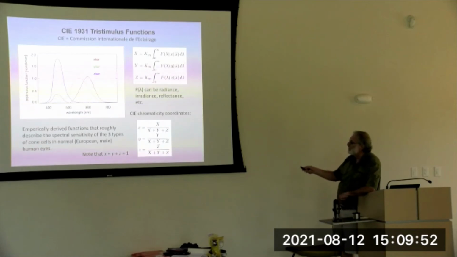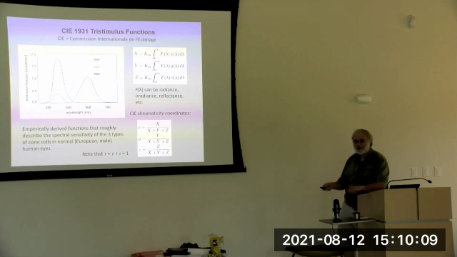Now, these functions all integrate to 1 here. So when I compute these three things and then normalize them by the sum, the little x, little y, and little z really all add up to 1 by this normalization. So they're not really independent.